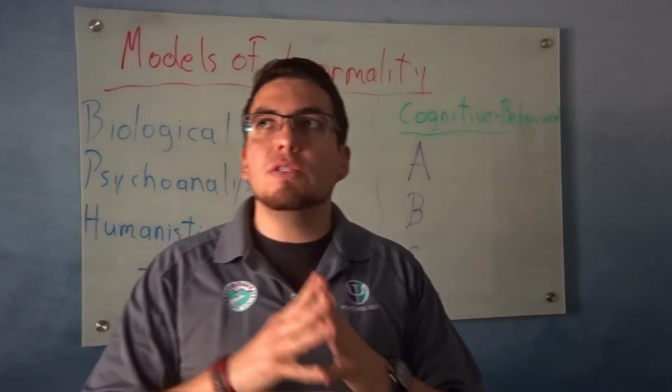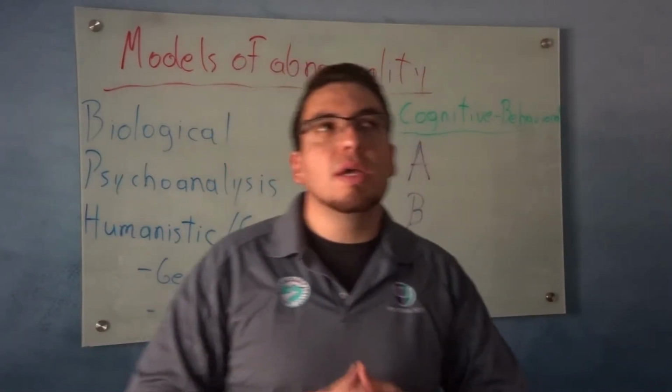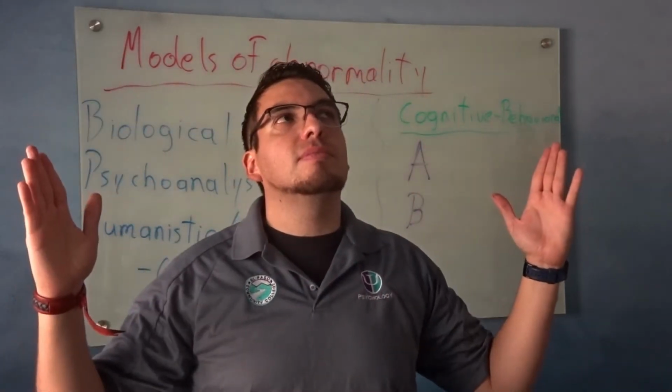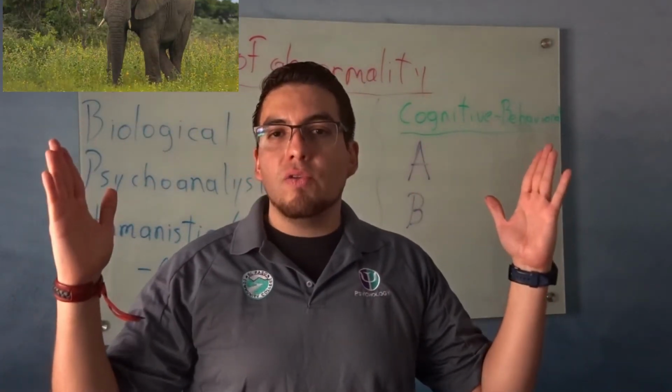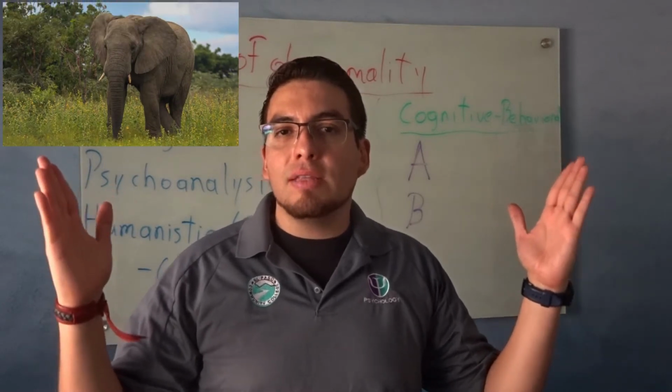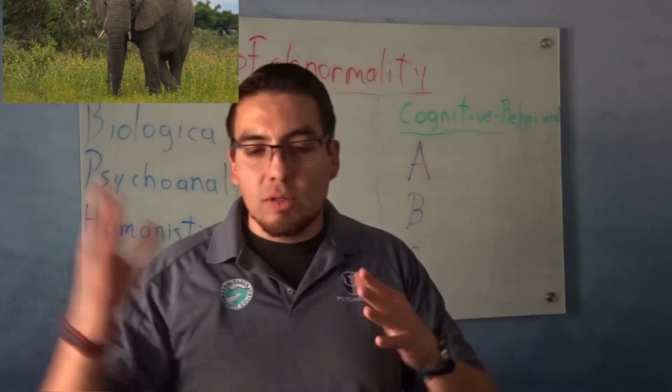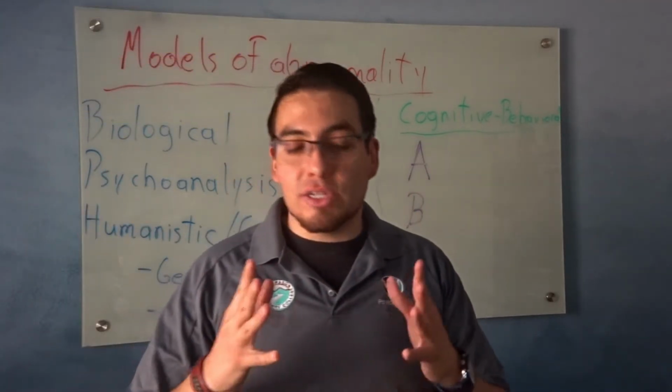To do this, the first thing that I want you guys to do is to meditate and analyze the image of an elephant. I don't know if you're aware of the story of six blind men describing an elephant. It's quite an interesting analogy.